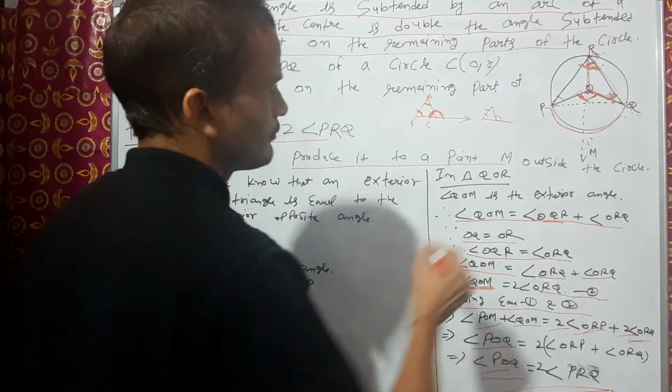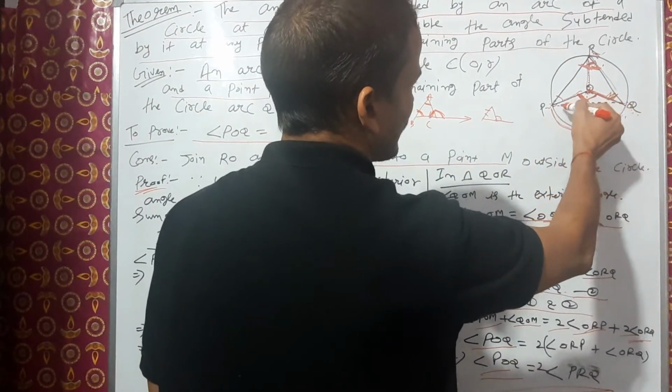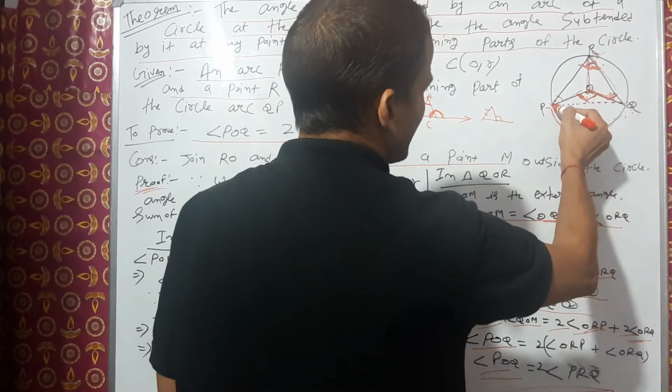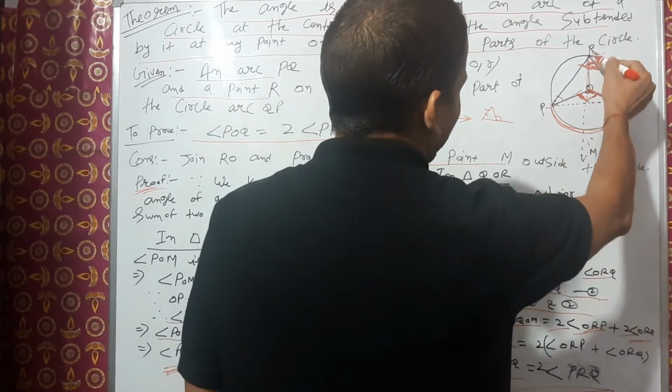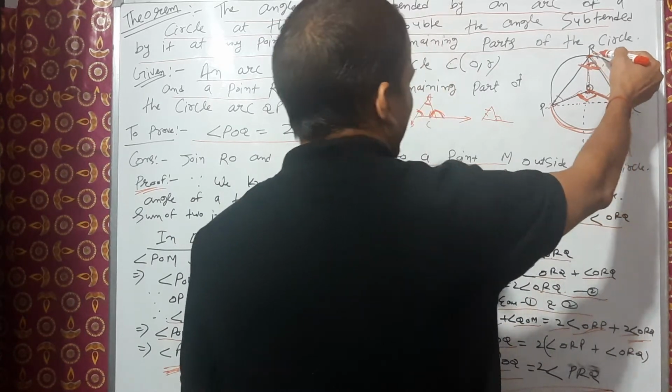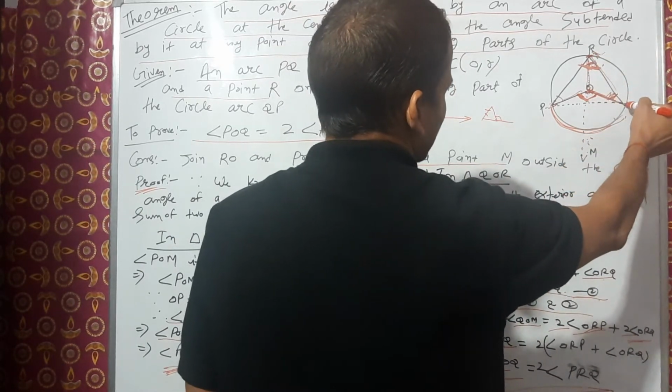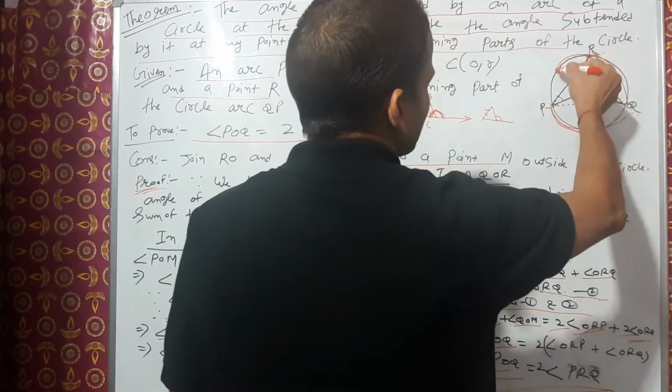So the angle formed at the center of the circle, POQ, by arc PQ is 2 times the angle at the remaining part of the circle, arc QP.